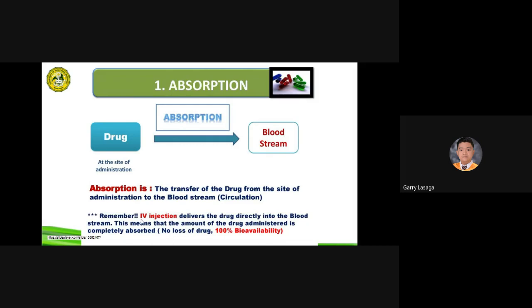So when you administer a particular drug through the IV route, there is no loss of the drug, because the drug will not pass through different layers or different barriers in order to reach the bloodstream. Because when you administer a drug IV, it goes directly to the bloodstream.